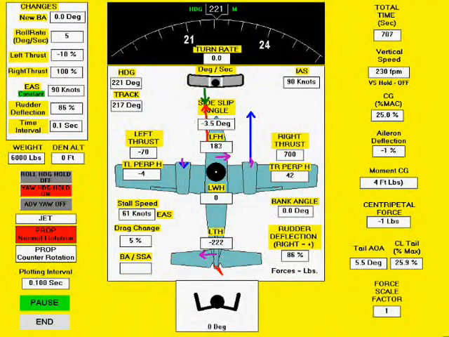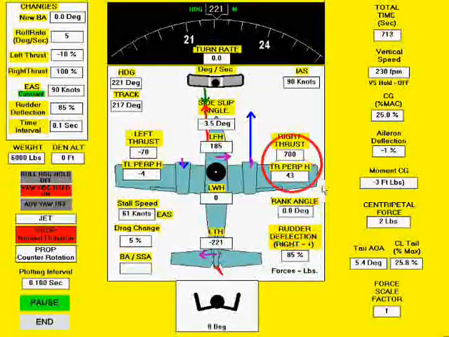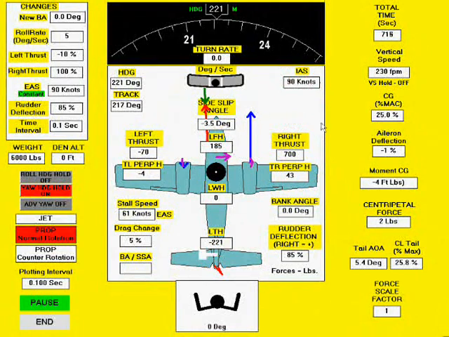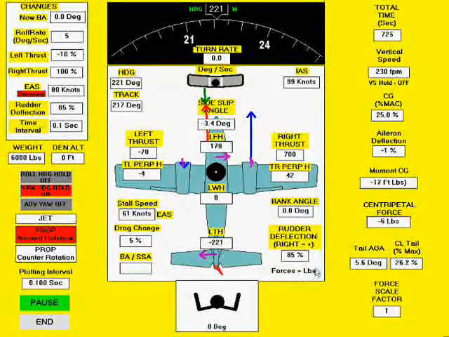Let's look at the indications of decaying airspeed. Starting at 90 knots, the airspeed decrease begins.